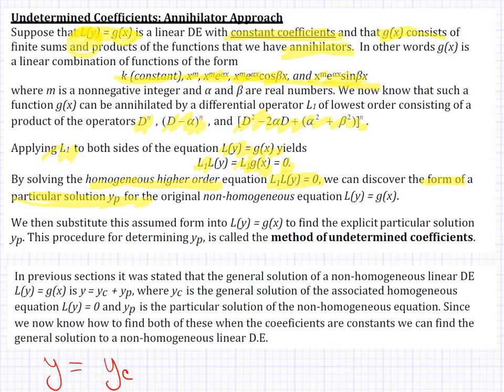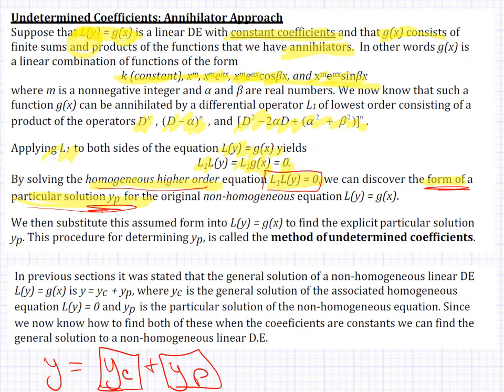There's the y sub c piece, and then there's a y sub p piece. Y sub c is the general solution to the homogeneous differential equation, and y sub p is a particular solution to the non-homogeneous. And the idea of solving this new higher order homogeneous will help us find the form of the particular solution to the original non-homogeneous.